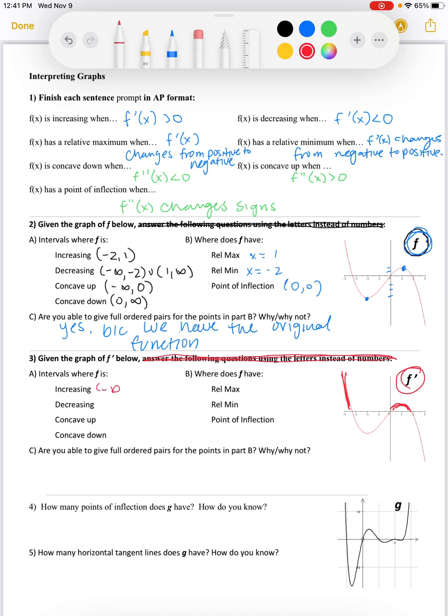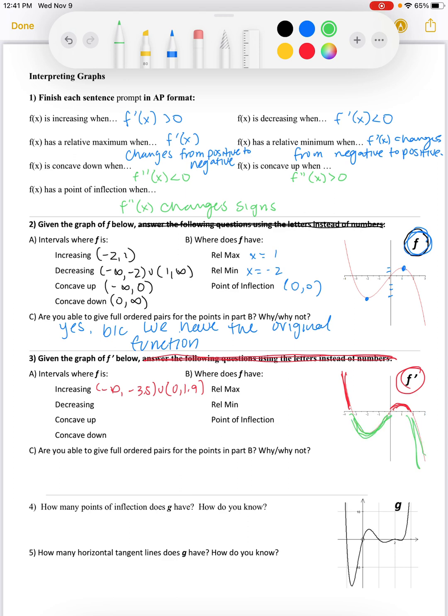So that's going to be -infinity to, I would say, -3.5. And from 0 to, let's go 1.9. It's pretty close to 2. Wherever it's decreasing is where it's below the x-axis.